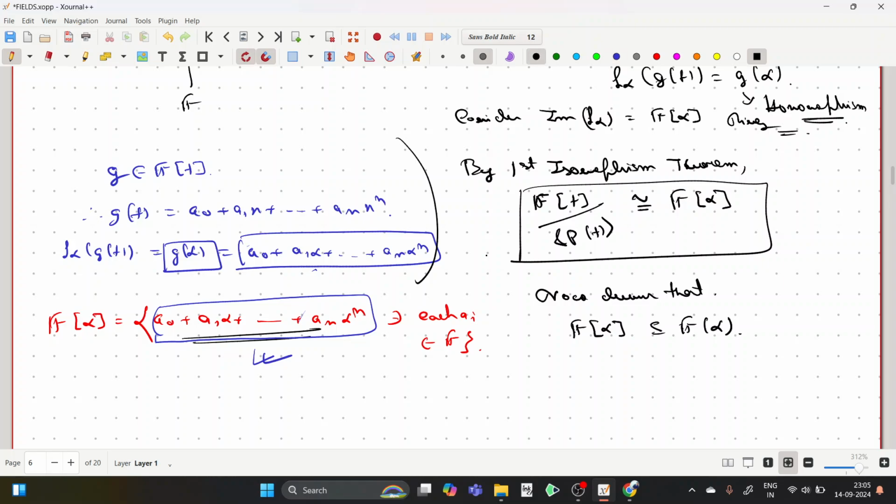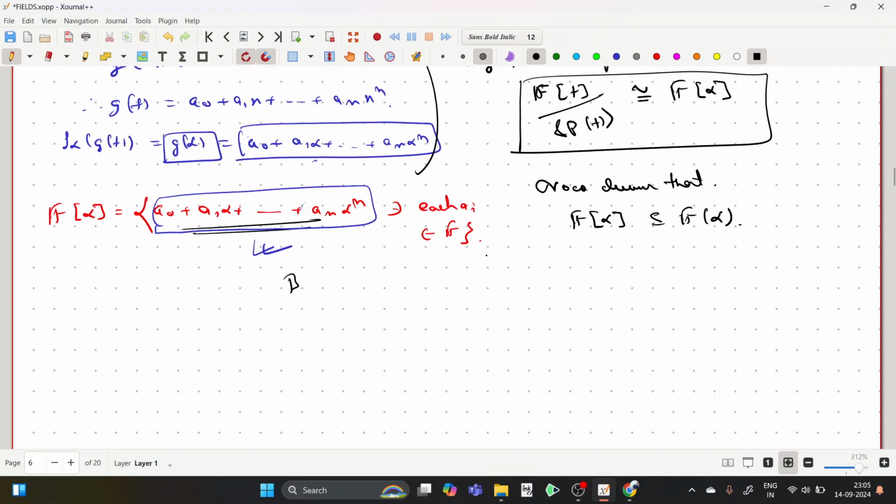But we know that F is sitting inside F square bracket alpha, because it does so in the case of F[t] for an indeterminate t. And if I consider the polynomial p(x) equal to x, then I will see that p(alpha) is equal to alpha. This is also an element of F square bracket alpha. Therefore the field F and the element alpha are both inside F square bracket alpha, and by definition F round bracket alpha is the smallest field containing the field F and the element alpha.